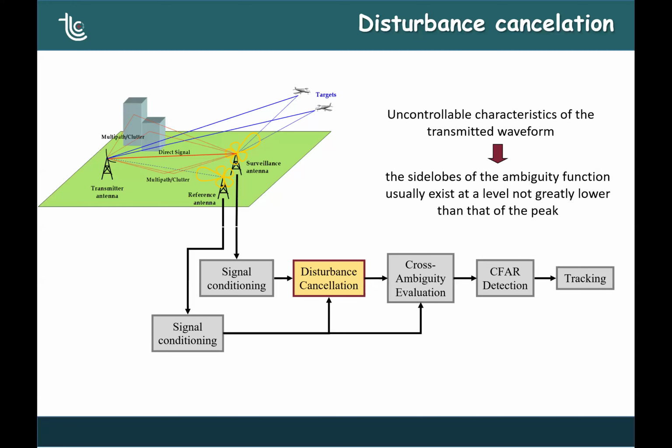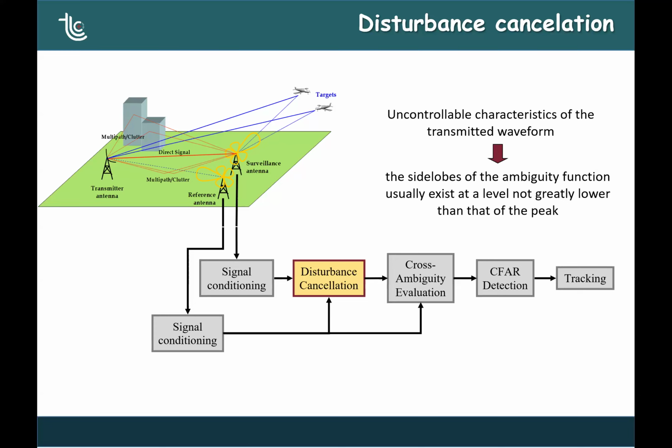Now, before calculating the cross ambiguity function, we need to clean the signal, because we have seen that in the surveillance signal, together with the echo coming from the targets, if there is some target, we have the clutter and we have also the direct signal, the DPI, that is quite strong and much stronger than the signal coming from the targets.